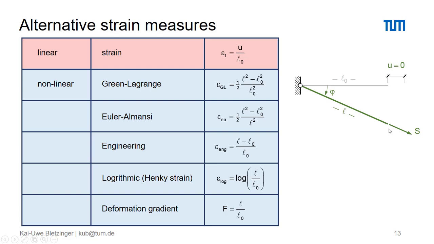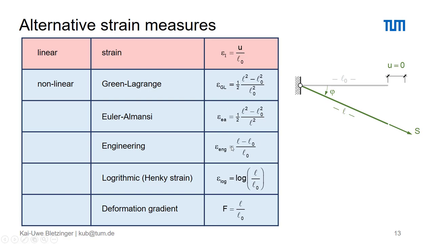That makes a difference to theory of first order, where we assume that both these lengths are measured in the same direction. You see it pops up that we assume phi equal to 0 in theory of first order. If you look at what you receive for all the strain measures but the deformation gradient, that's the exception.